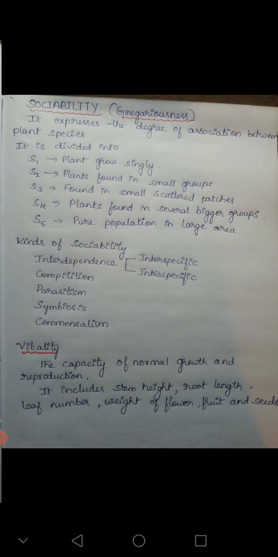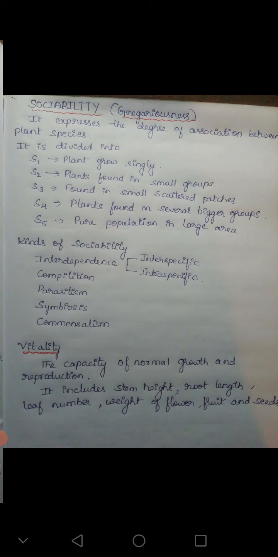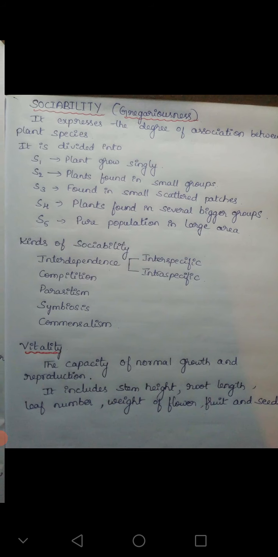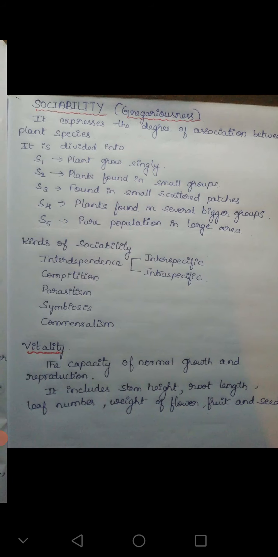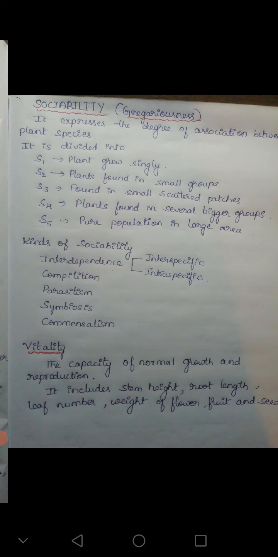That relationship is called symbiosis. And next is commensalism. Commensalism means the relationship between two organisms in which one is benefited and the other one, the host organism, is not harmed by the benefited one.